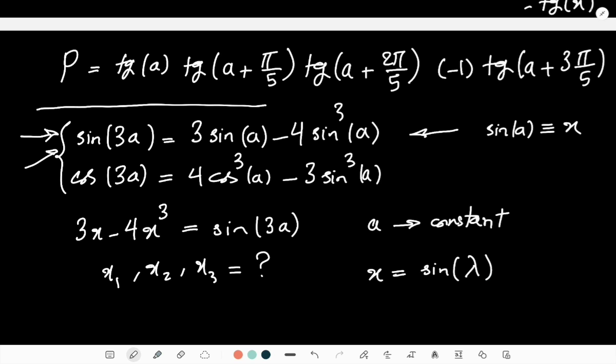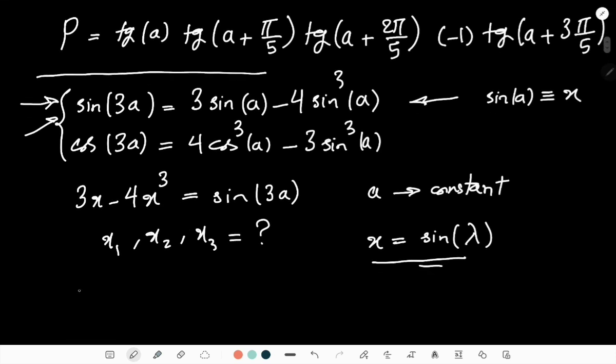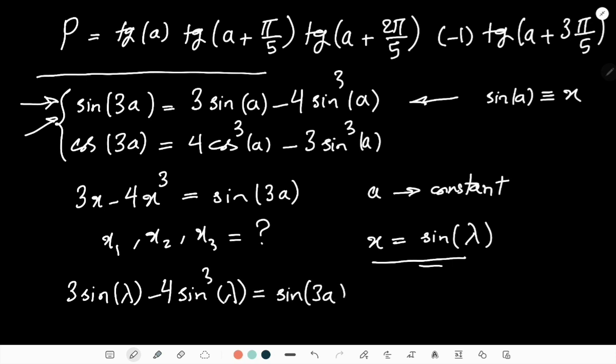And yeah, sine of lambda is always between -1 and 1. So you can assume that actually lambda is a complex number. In that case, sine of lambda can be even greater than 1 or less than -1. So in general, it should not create a problem. I am allowed to do this change of variable. So next, what I get is 3 sine of lambda minus 4 sine cubed of lambda is equal to sine of 3a. Again, a is constant.